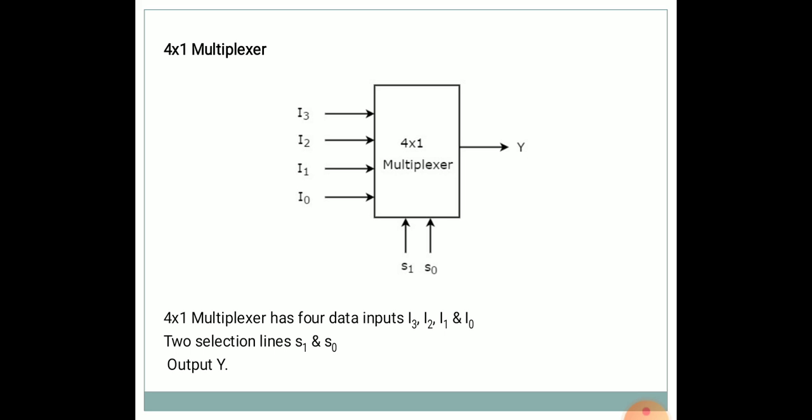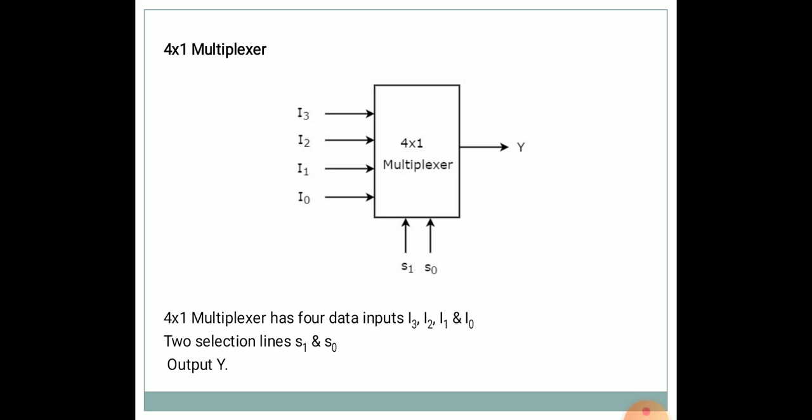Here m equal to log base 2 of n, that is log base 2 of 2 squared, which is equal to 2. For a 4 into 1 multiplexer, we need 4 input lines, but only 2 selection lines, S0 and S1.